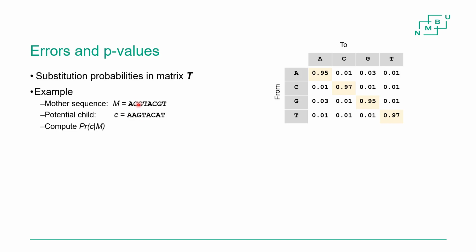We go from C to A. What's the probability of that? From C to A, that's only 0.01. Then we take the first value and multiply with the second value. Then we go to the third, going from G to G. That's 0.95 again, and we multiply with this one, right? And then you proceed through the read like this.